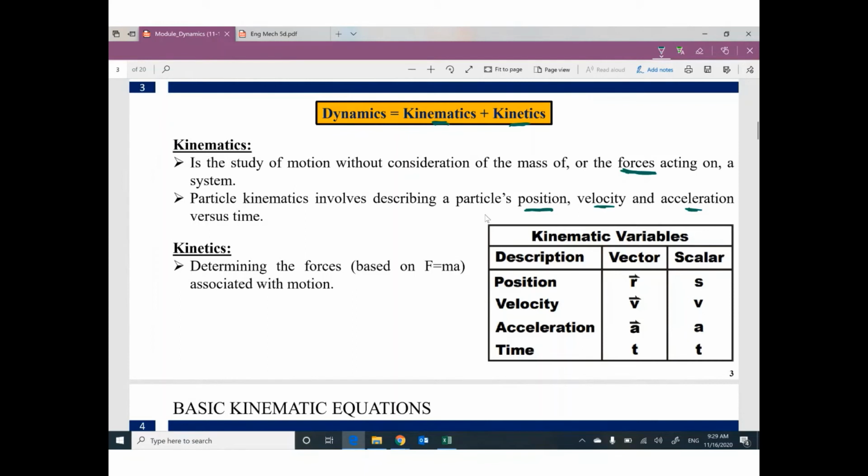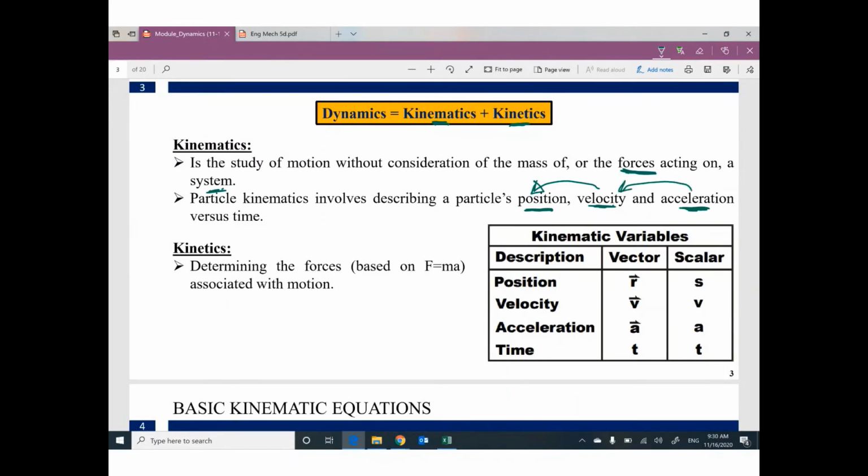So kinematics is the study of motion without consideration of the mass or forces acting on the system, on the particle, on the structure. Position means where. Velocity is the rate of change of the position. Acceleration is the rate of change of velocity.